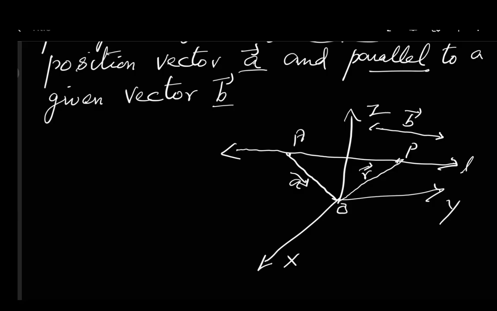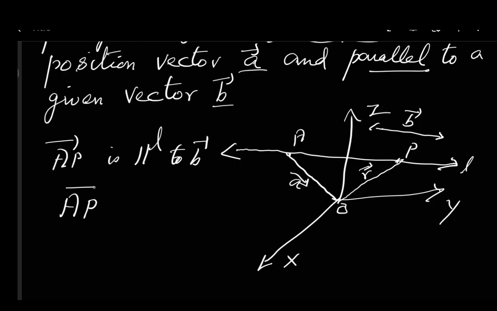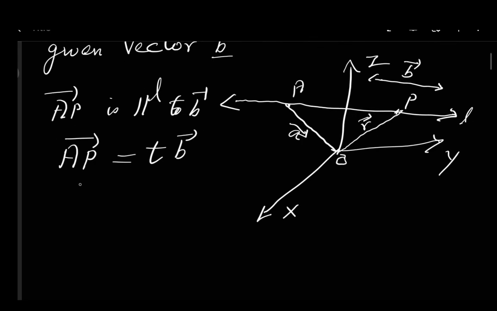So this segment AP is parallel to vector B. That means any two vectors are parallel means one can be represented as the scalar multiple of the other. So what is this AP?